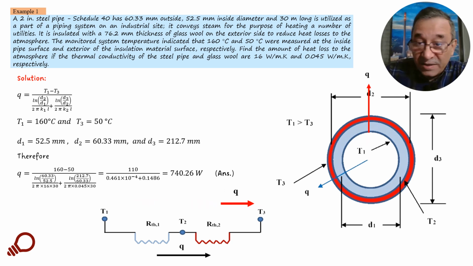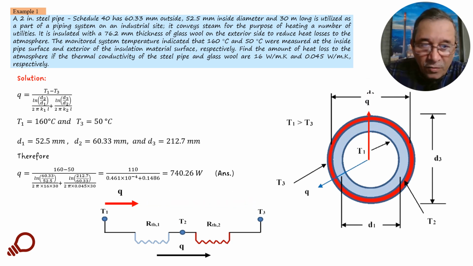Delta T overall is 160 minus 50, divided by the summation of the resistances for the first layer, the tube, which is the material of the tube, corresponds to 0.461 times 10 to minus 4. And the second one is for the insulation, which corresponds to 0.1486.